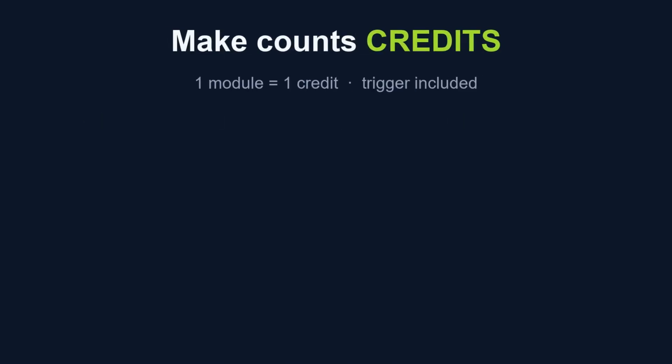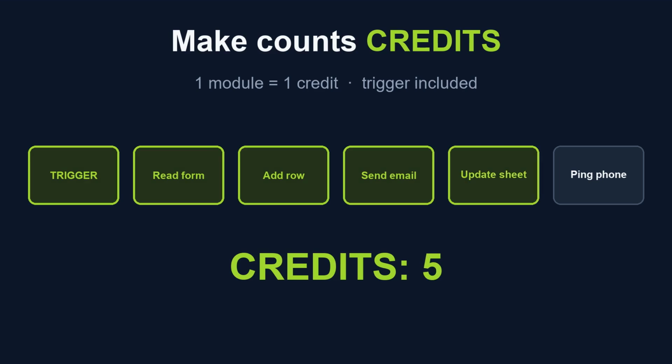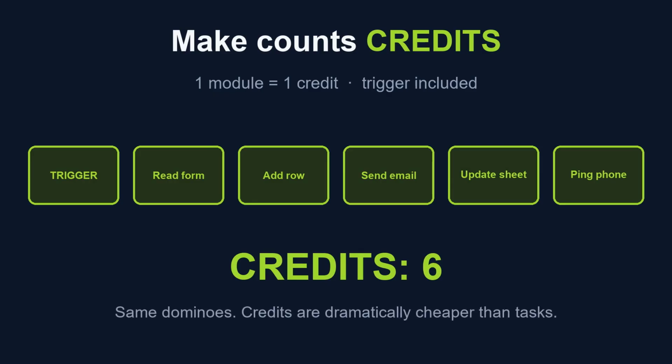Make counts credits, same basic idea. One module doing one thing costs 1 credit. Trigger included. So the same 5 domino workflow costs about 5 to 6 credits per run. The difference is the price per unit. Make's credits are dramatically cheaper than Zapier's tasks.